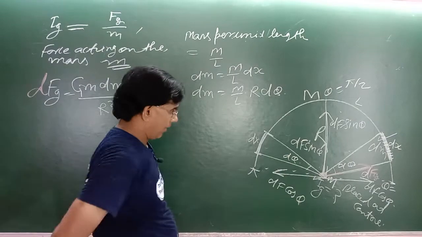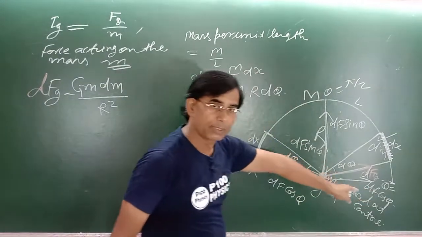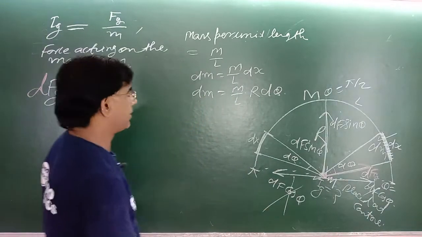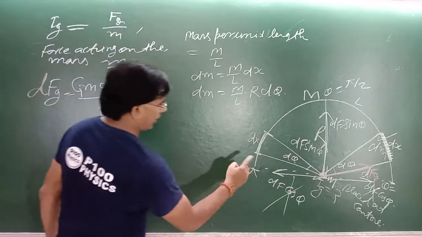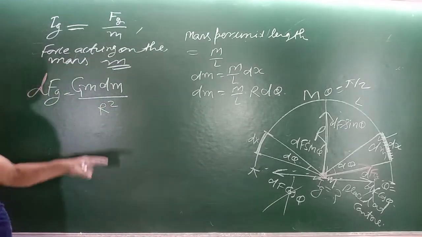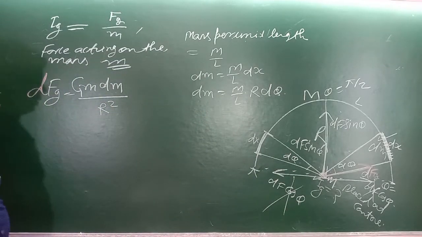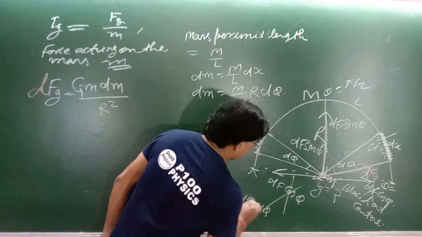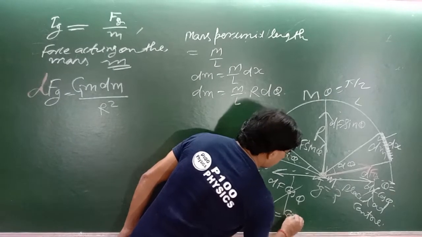The df cos theta terms cancel out. Therefore, the net force will be acting in this direction, because df cos theta is cancelled.